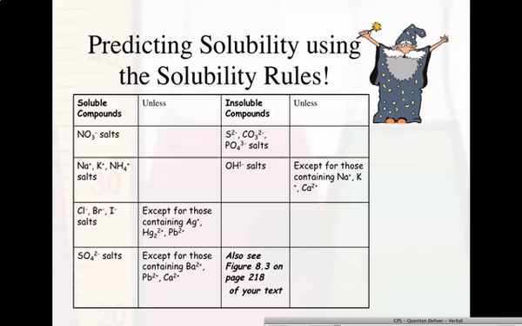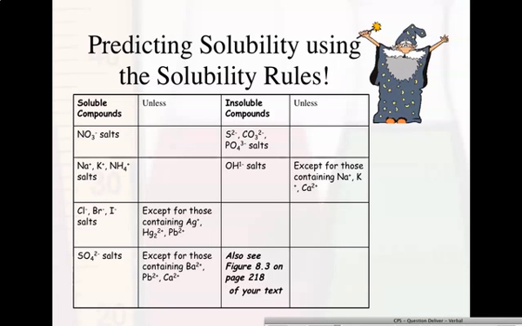So any nitrate you ever see is going to dissolve in water. If I have something here that has an unless, that means it could potentially flip. So normally, chlorine, bromine, and iodine salts are soluble unless it contains silver, mercury, or lead. So if I had lead chloride, it's going to be insoluble.